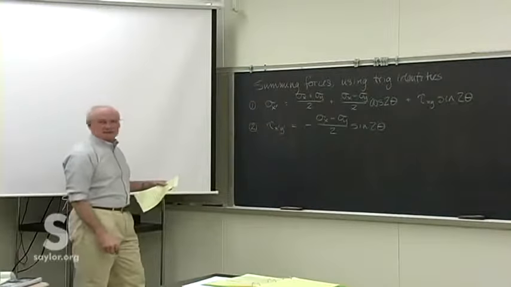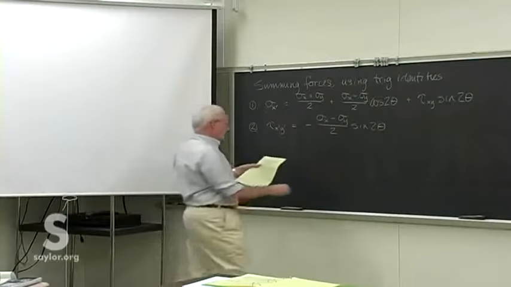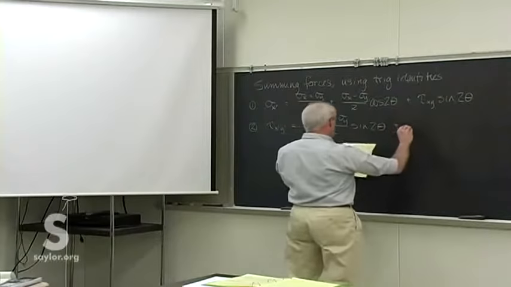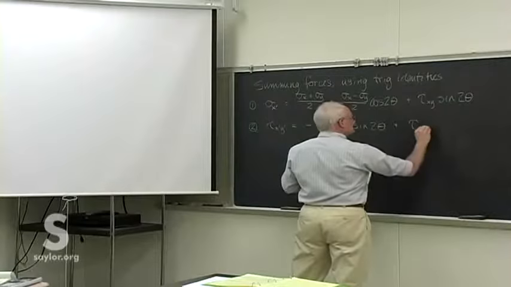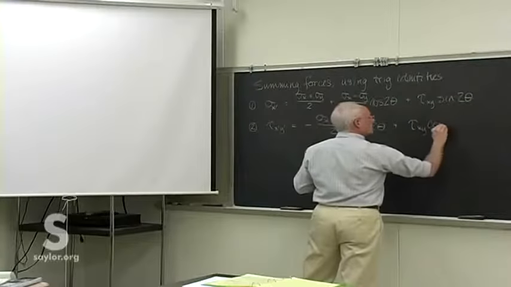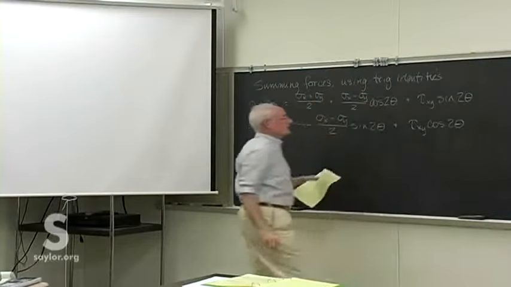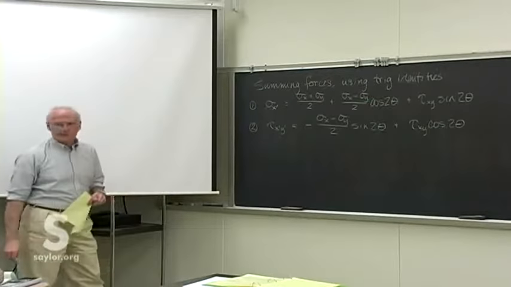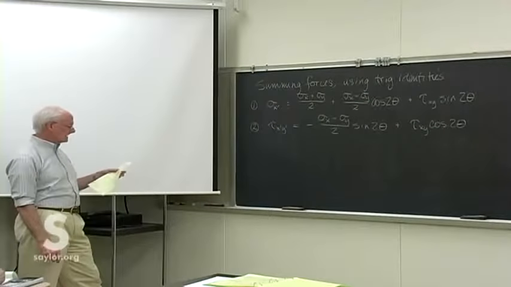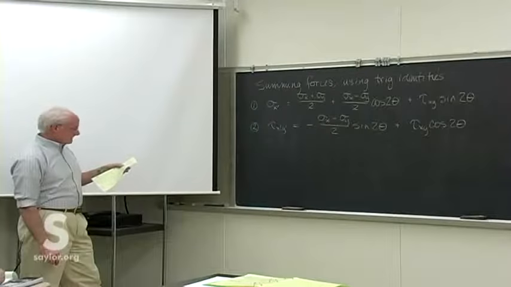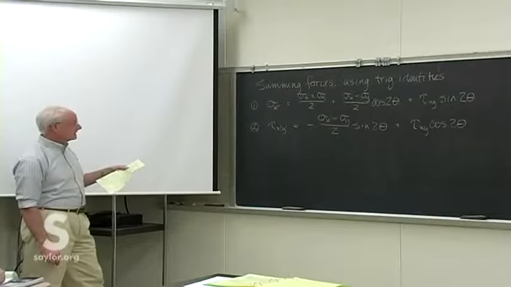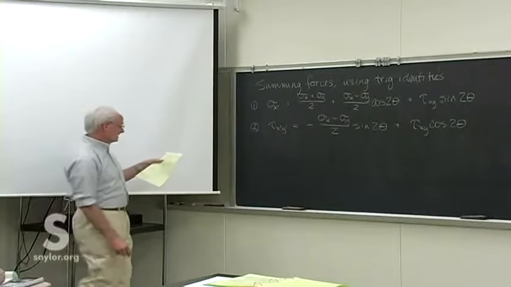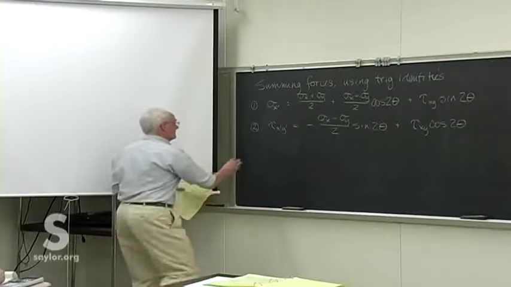Make sure you get the pluses and minuses all correct, because otherwise you're doing a different problem. Plus tau xy cosine 2 theta. That 2 theta, of course, is coming from the application of the trig identities.